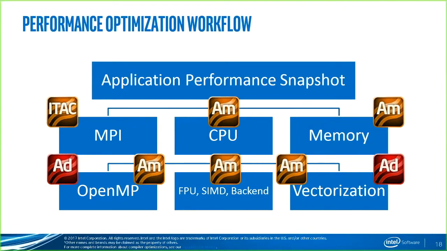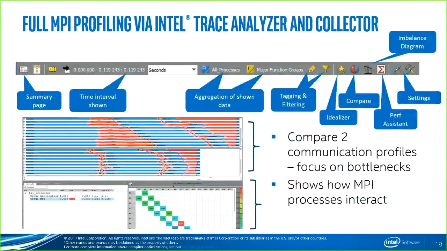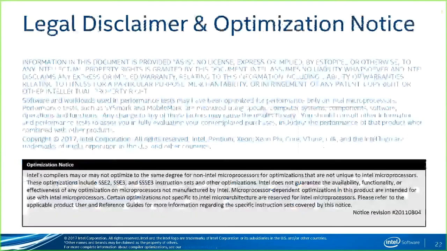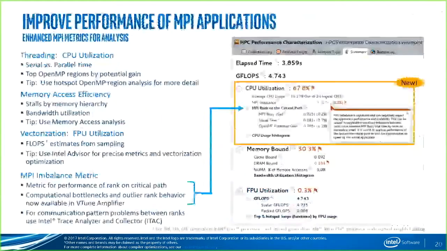For example, for memory, the tool will direct you to VTune Amplifier, for MPI problems like tracing, ITAC, and for vectorization, Advisor. I have several slides about these tools I just listed, but let me skip them.